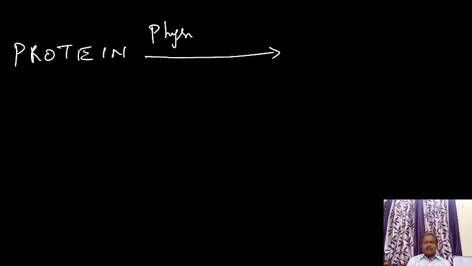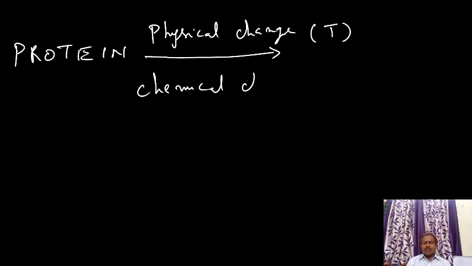When a protein is subjected to physical change, physical change means change in temperature, or chemical change, chemical change means change in pH. So when temperature changes or pH changes, then what happens?